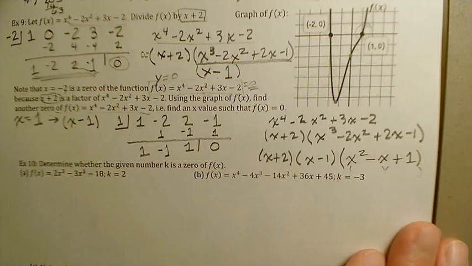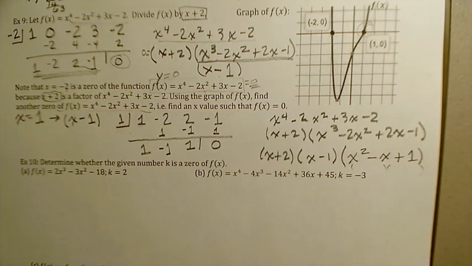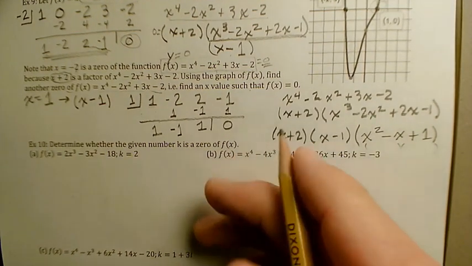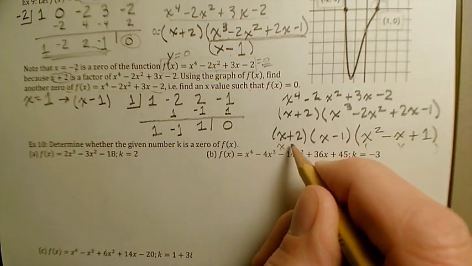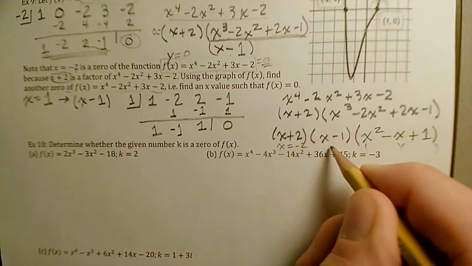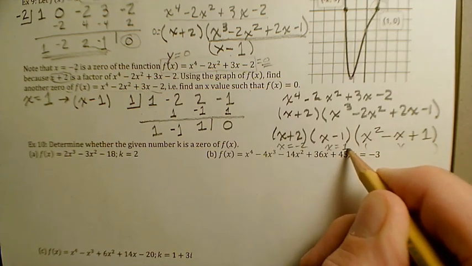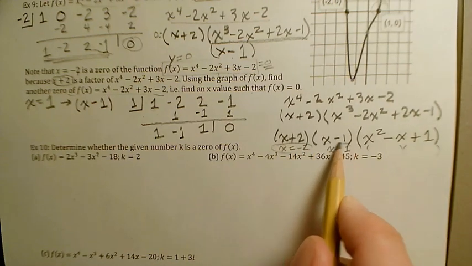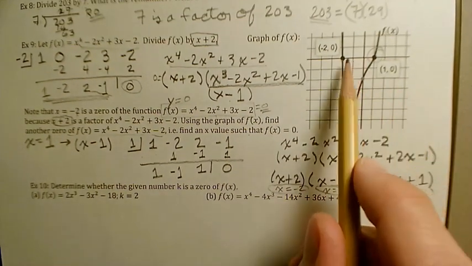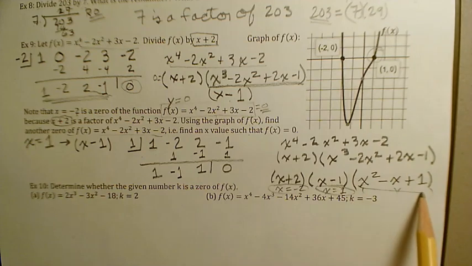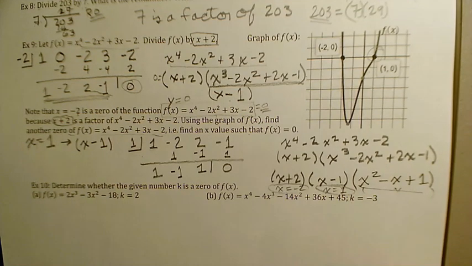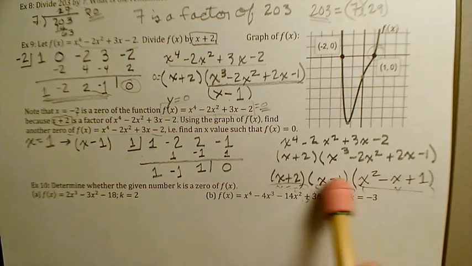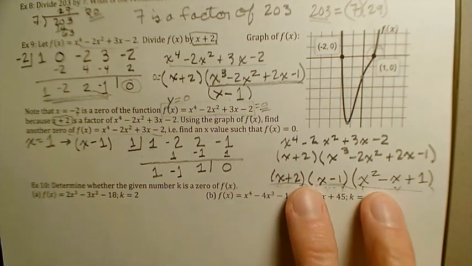We might have to use the quadratic formula if we're looking for actual zeros. So here we're just factoring. We could turn this into x equals negative 2, x equals 1, and we could use the quadratic formula on this. If we were looking for actual zeros, we would have to apply the quadratic formula to this because it would not factor. But in this case, we're not really looking for the solutions or the zeros. Instead, we're looking for factoring.